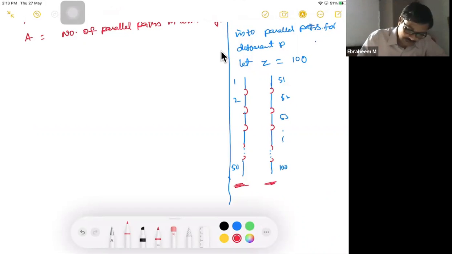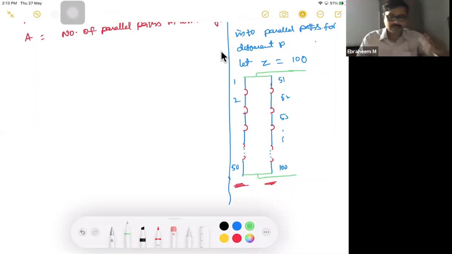These two can be connected in parallel. So total how many conductors? 50 conductors in the first parallel path, first branch, and another 50 conductors in the second branch.